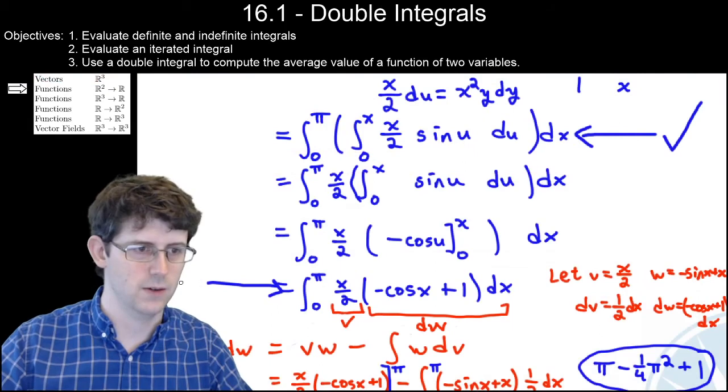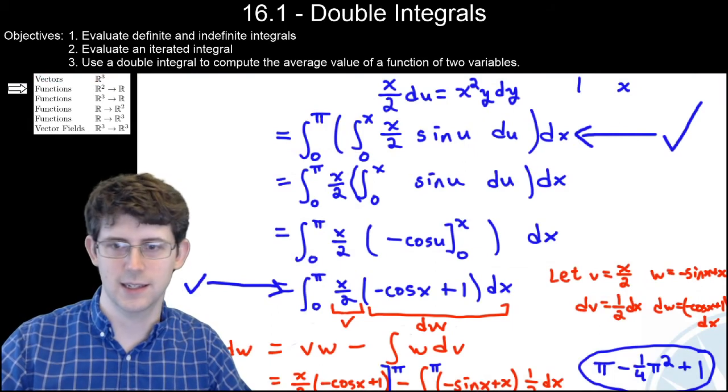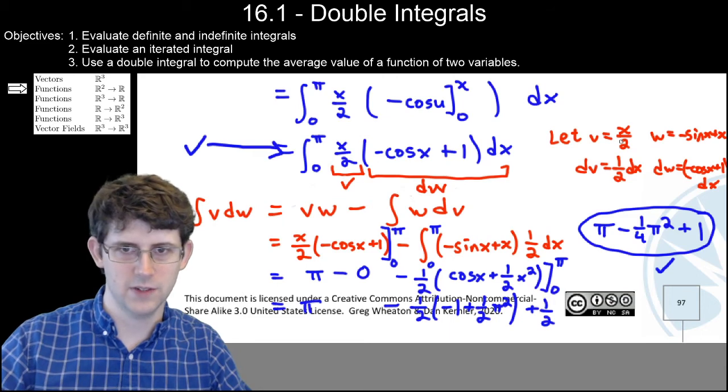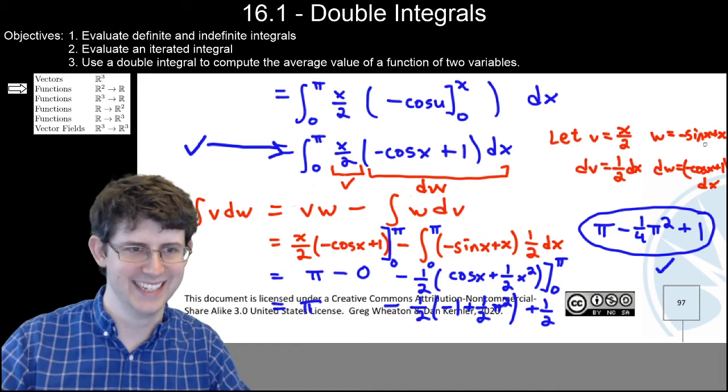Okay, so I was correct up to here still. V equals x over 2. Derivative is this. dw is all this stuff. Integral is this. That looks good. So did I plug it in wrong? Oh.